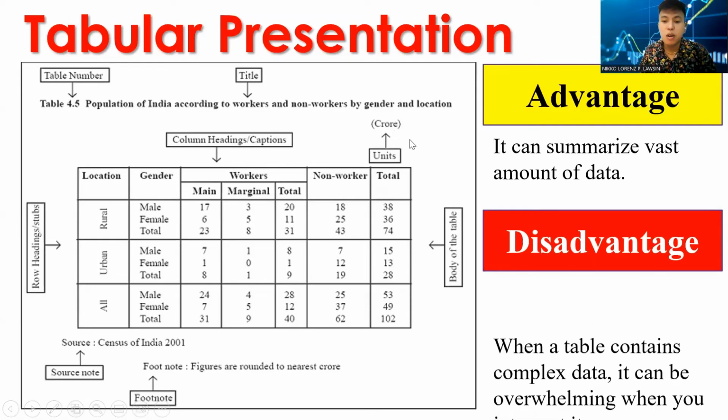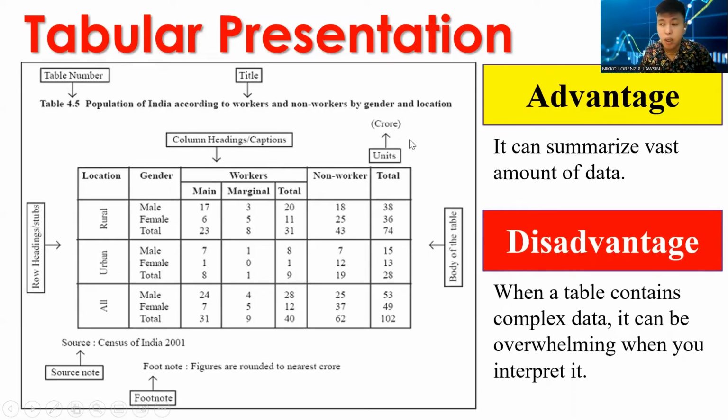Disadvantage, because of its component, when a table contains complex data, numerous data, it can be overwhelming when you interpret it. So you have to be careful when you are looking at the table, so the mistakes will be lessened or will be removed.